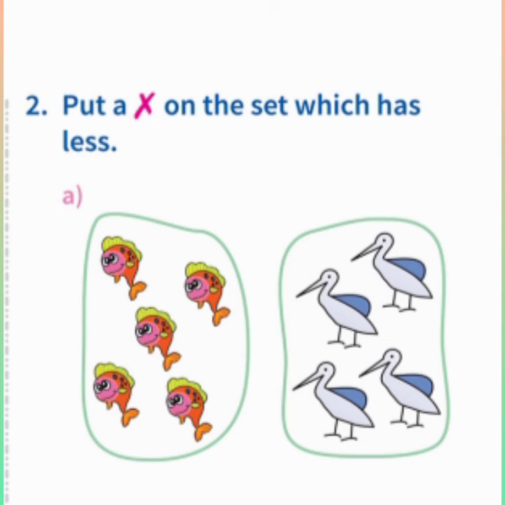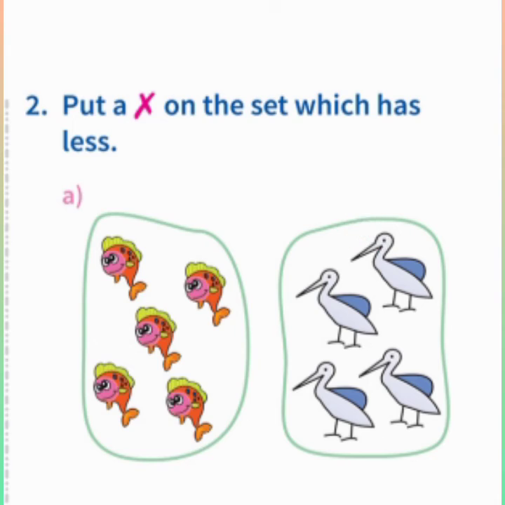There are 5 fish. And on the other side, 1, 2, 3, 4. There are 4 ducks. So I am going to put the cross mark on the set which has less. Yes, the ducks are less than the fish. So I am going to put the cross mark on the ducks.